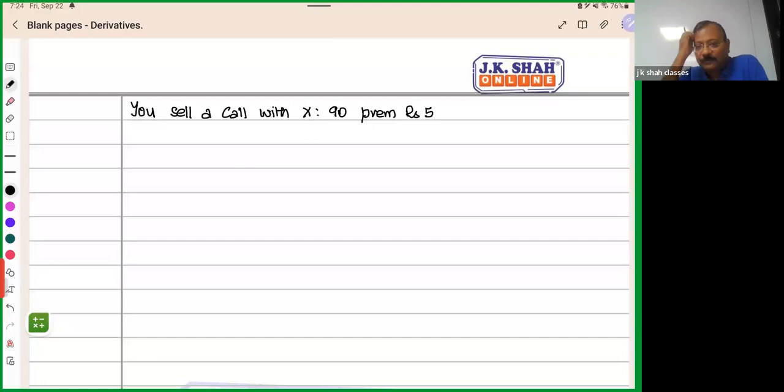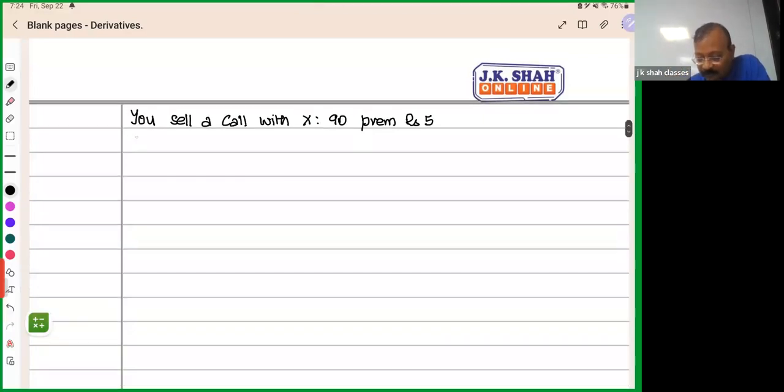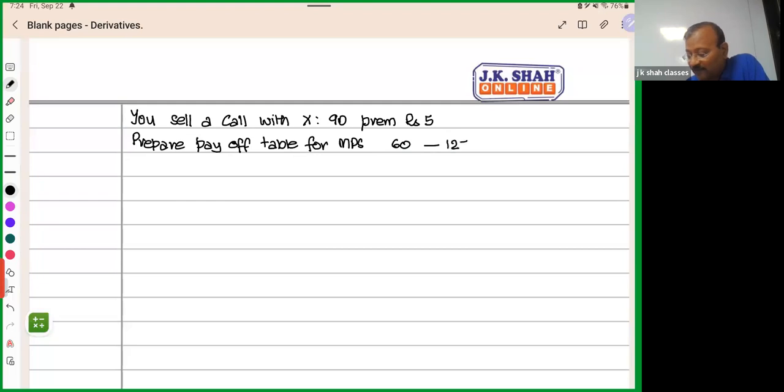And let's say we have to prepare a payoff table for market prices ranging from 60 to 125 in ticks of ₹5.